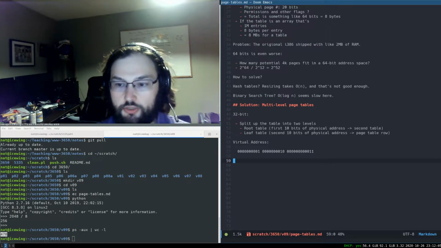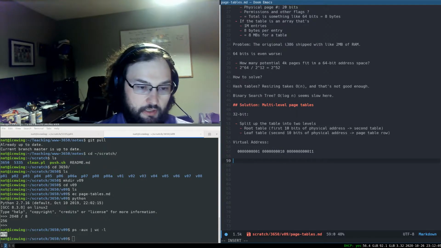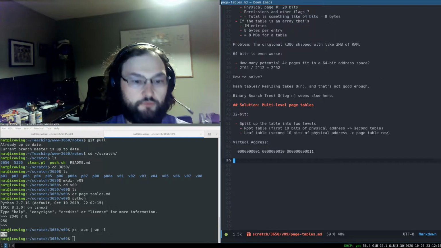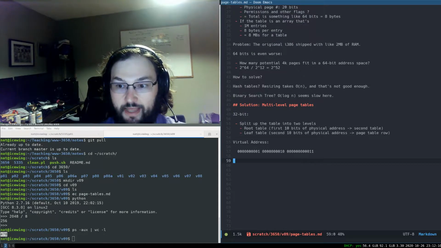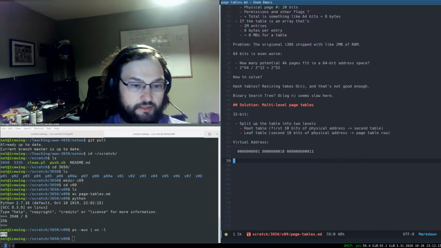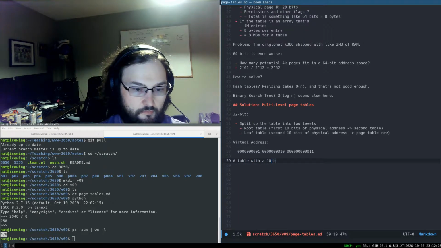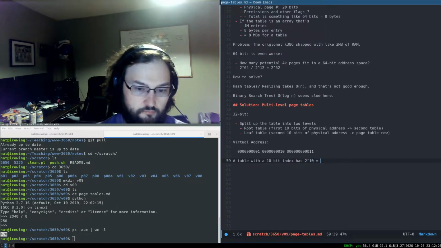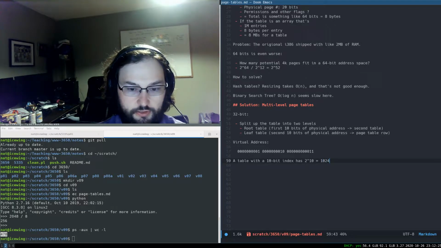And the way we do our page table lookup is we're going to use the first 10 bits as an index into an initial table. So since this is a 10-bit table, that means the table is going to have 1024 entries.